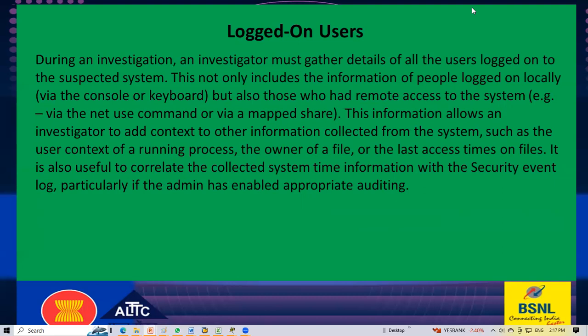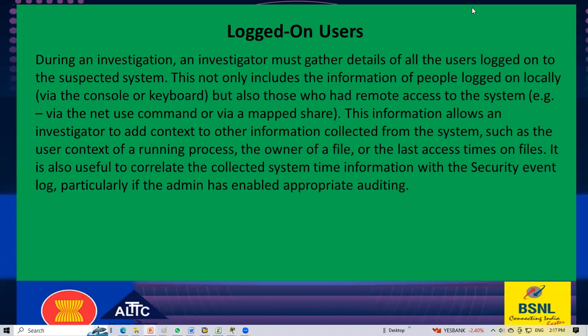During the investigation, the investigator must gather details of all the users logged onto the suspected system. This includes not only the people logged on locally, but also those who had remote access to the system.